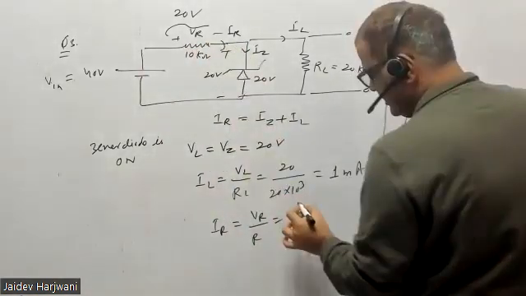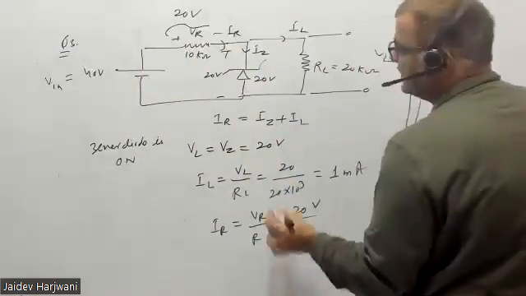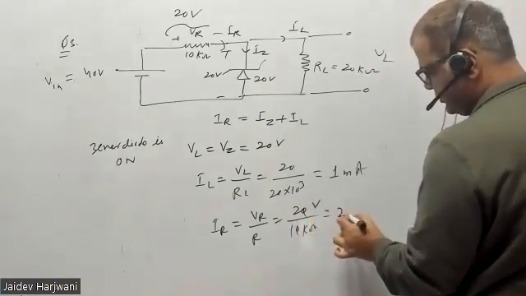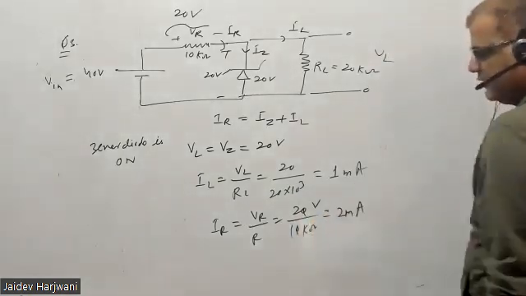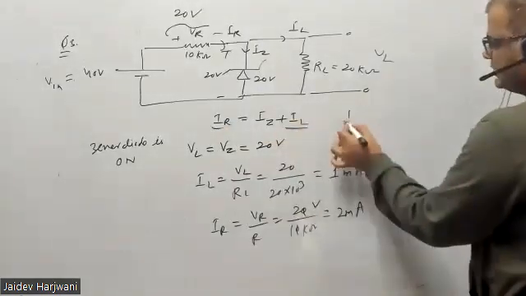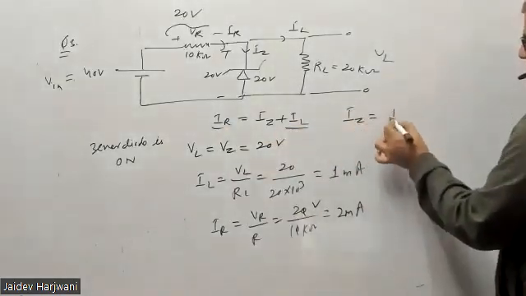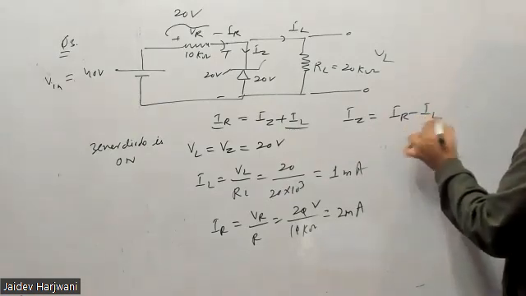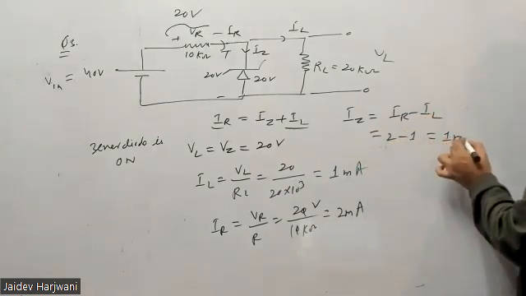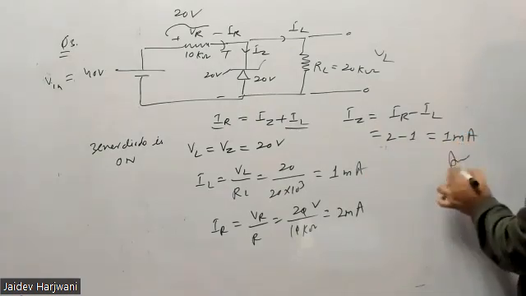So this is 20 volt divided by resistance 10 kilo ohm. So this becomes 2 milliampere. Total current is 2 milliampere. IL is 1 milliampere. So your IZ will be IR minus IL, that is 2 minus 1, that is 1 milliampere. And this is the answer.